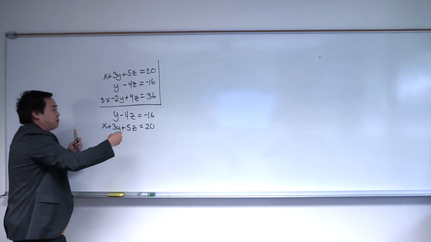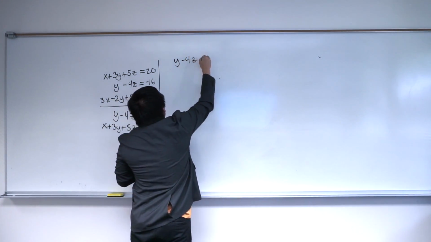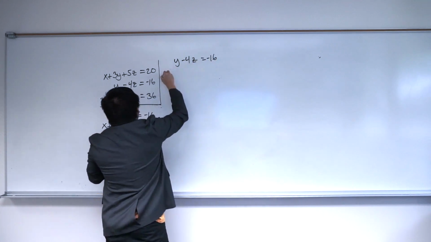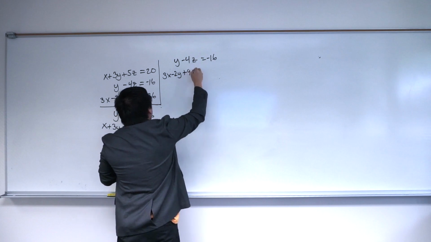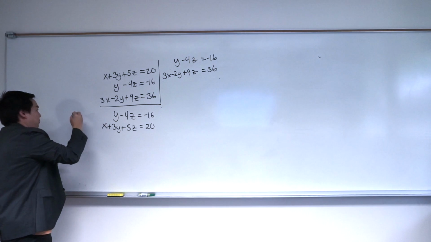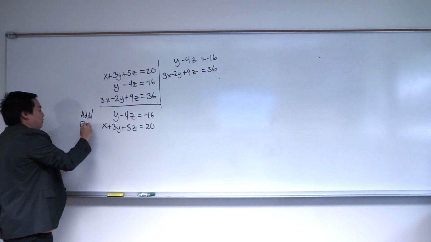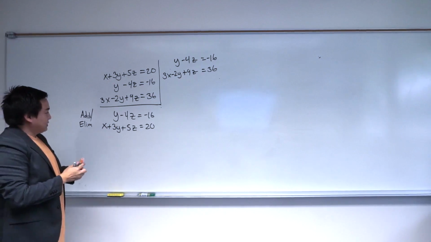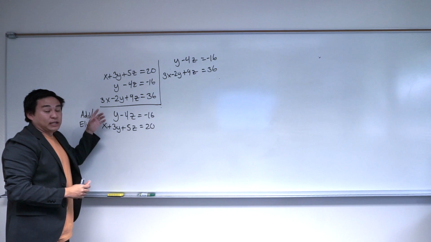Okay, so here's the first pair, and then the second pair will be written up here. So in this addition or elimination, remember, we're trying to add the variables together so that they cancel.